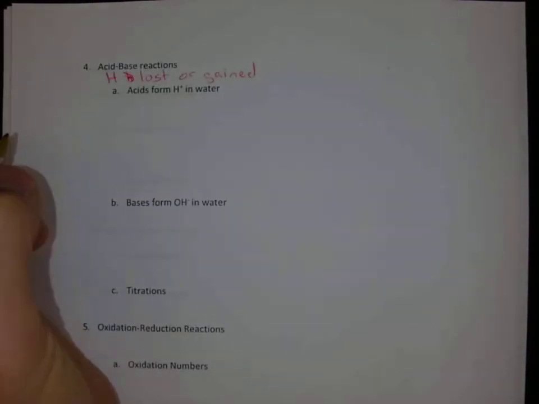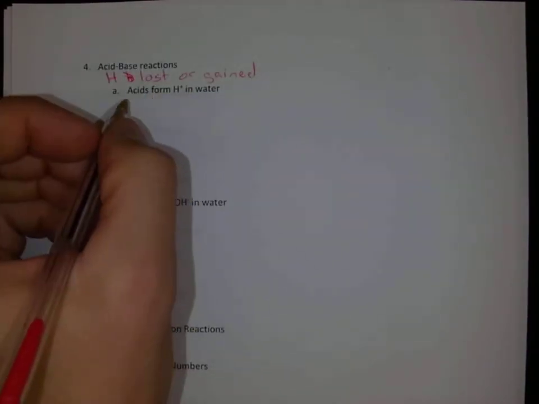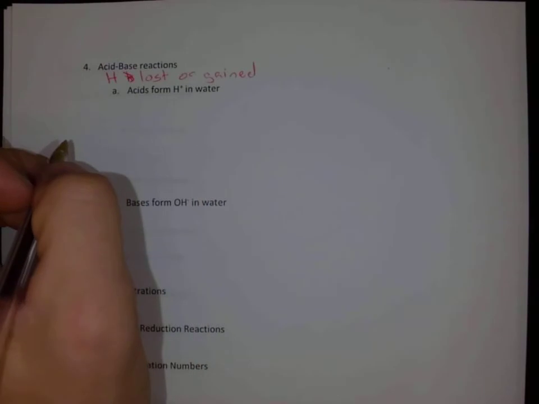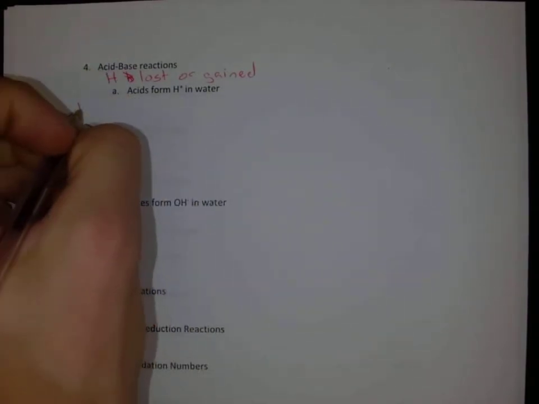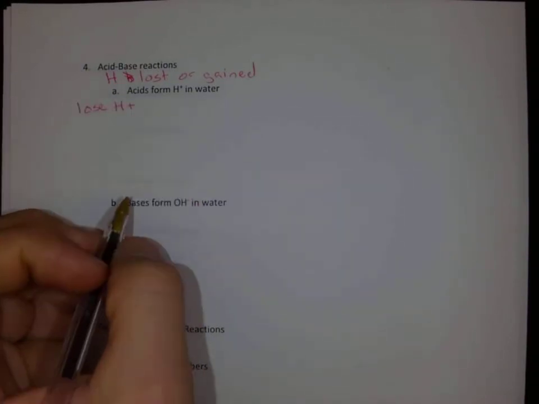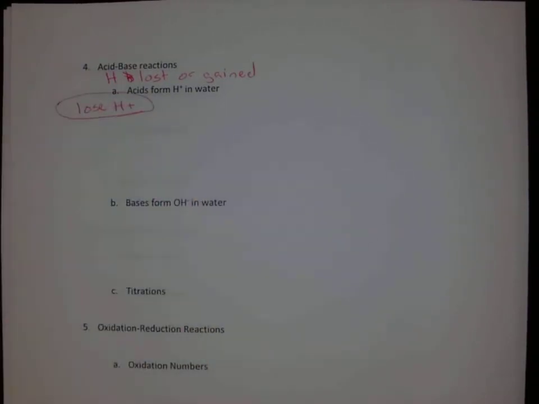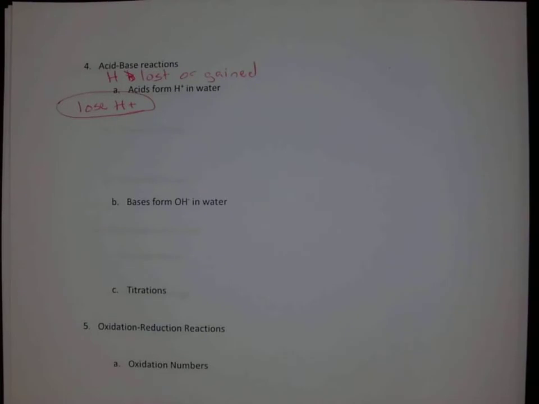Okay, so a couple of things that we need to remember is that acids are going to form H plus in water, right? Any sort of acid loses H plus, or they're going to form H plus when they get into water, okay? So we're going to talk about doing lots of reactions in water, right?